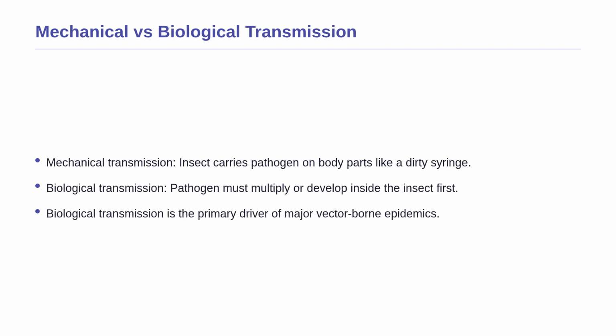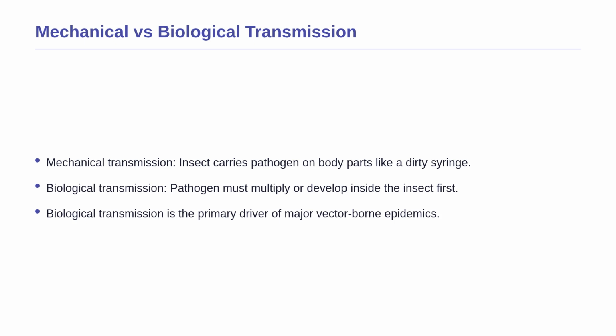Now that we understand the basic idea of the relay race, let us look at exactly how the insect carries this baton. Horizontal transmission can happen in two main ways. The first is mechanical transmission, where the insect simply carries the pathogen on its body parts, acting much like a dirty syringe. The pathogen does not grow or change, it is just hitching a ride.